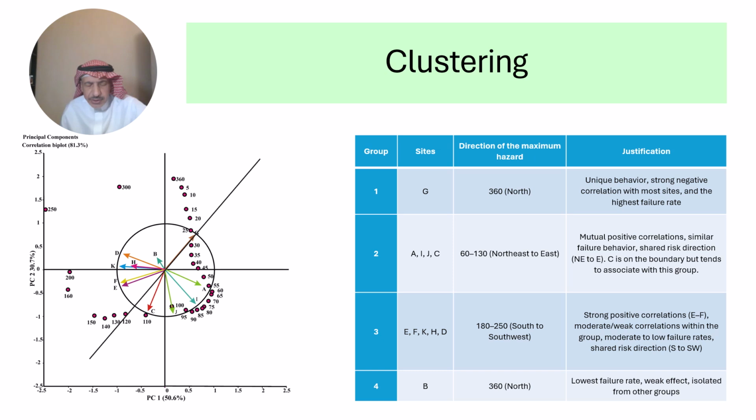The third class includes sites E, F, K, H, and D, with the direction of maximum hazard at south to southwest. Finally, class B, with the direction of maximum hazard at north, but it represents the lowest failure rate.